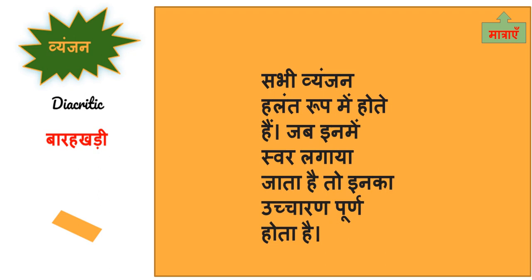Means every consonant will be in the halant roop, means without a sound in them. When vowels are added to these consonants, then the consonants will sound like vowels along with the consonant sound.